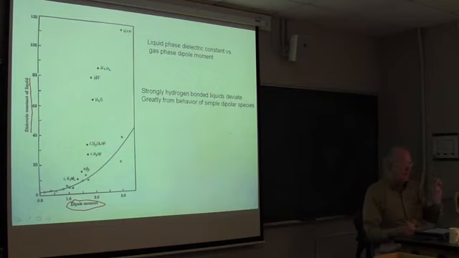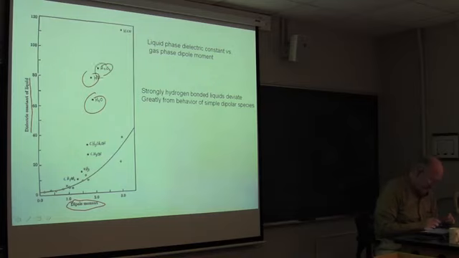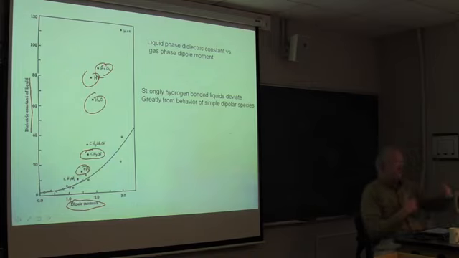But when you get into molecules like water, like HF, like hydrogen peroxide, like methanol, like ammonia, there's a great deviation between these two properties, which is telling you that in the liquid state, there's something very different going on between the molecules than what's happening to the molecules in the gaseous state.